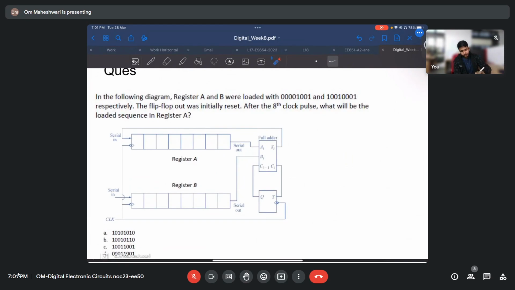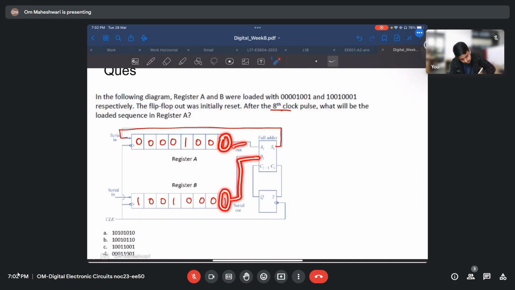So initially, they're saying we have 0 0 0 0 1 0 0 1 in one register, and here we have 1 0 0 1 0 0 0 1. We have to find what is in register A after 8 clock cycles. So input to register A is the sum. What is being summed? This bit and this bit, which are serial out, right?